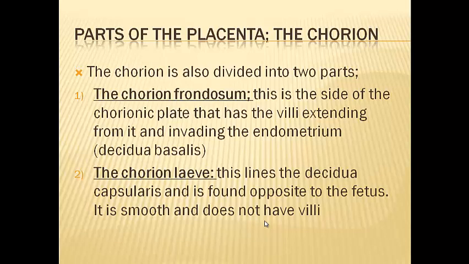They differ in their position, or what side they're found on, and they also differ in the presence or absence of villi. So if it's on the side of the endometrium and it does have villi, this is the chorion frondosum. If it's away from the endometrial lining, on the opposite side of the fetus, and does not have any villi, then this is the chorion laeve.